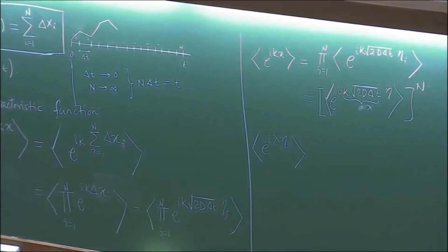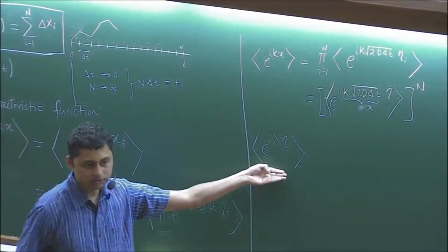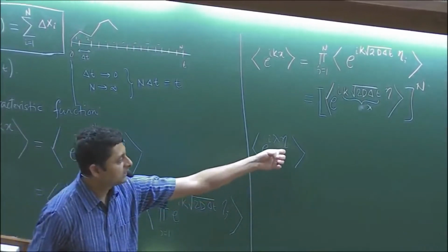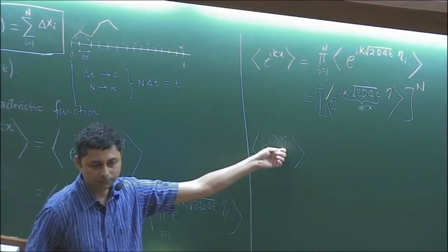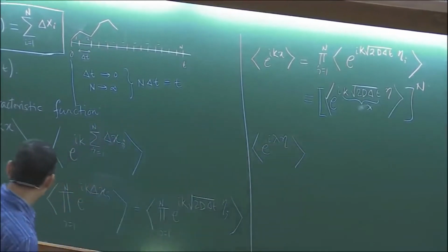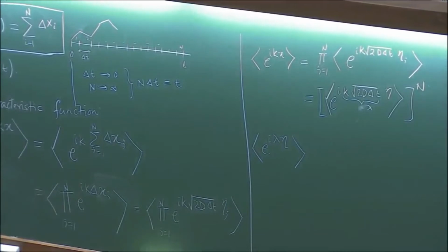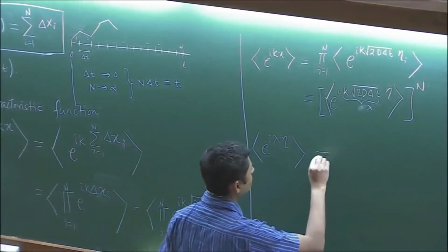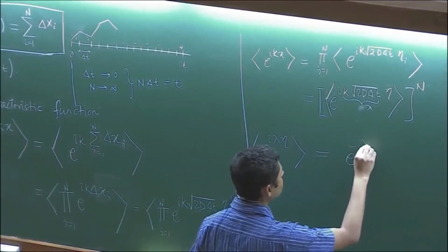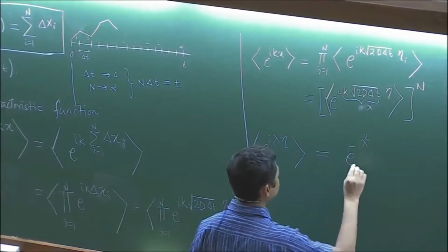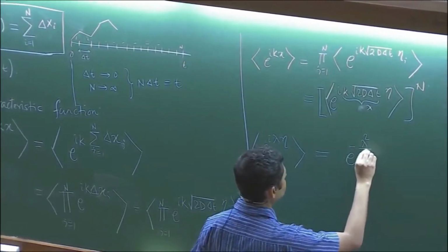This is something easy to compute because I said that eta is drawn from a Gaussian distribution. So show that this is equal to e to the minus lambda square by 2.